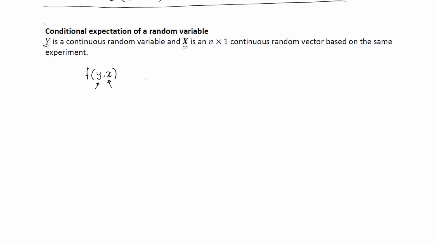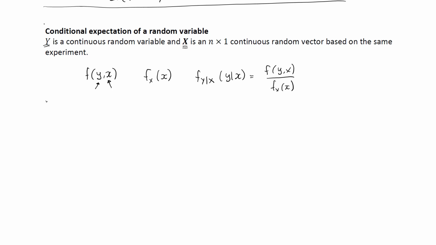By integrating away the y random variable, we can get the marginal of x, which is a function of n variables. And from this, we can get the conditional density of y given x, which is the joint divided by the marginal of x.